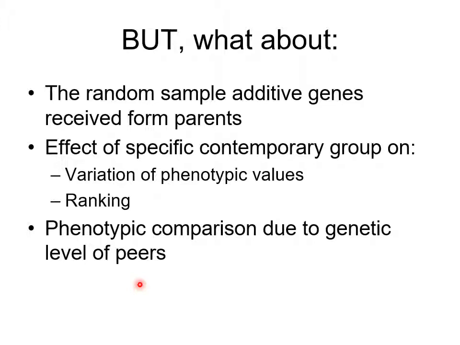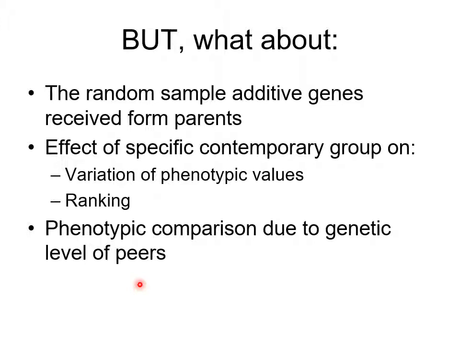So in simple terms, this means that two animals with the same genetic merit being evaluated in two different groups, the one group being animals with very high genetic merit and the other group on average animals with a very low genetic merit, those two animals will basically have different breeding value predictions simply because they were compared to animals of a different genetic level.